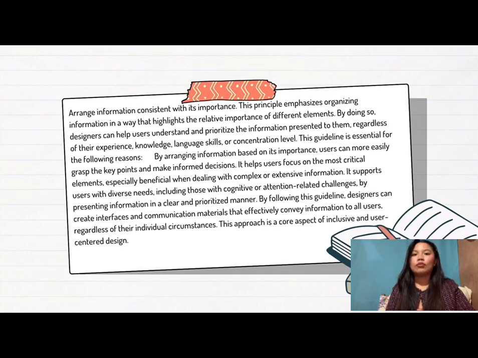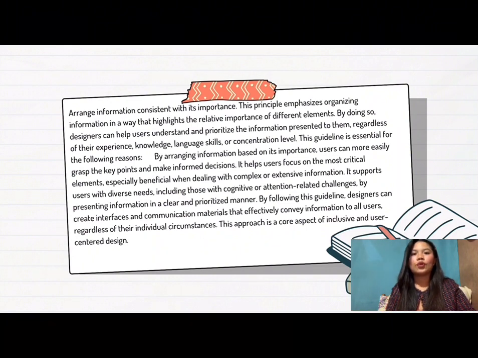By arranging information based on its importance, users can more easily grasp the key points and make informed decisions. It helps users focus on the most critical elements, especially beneficial when dealing with complex or extensive information.